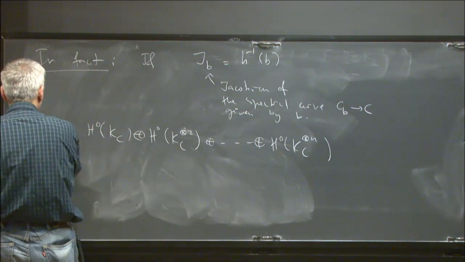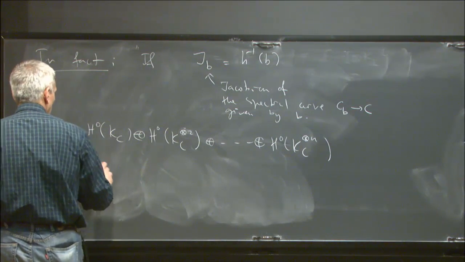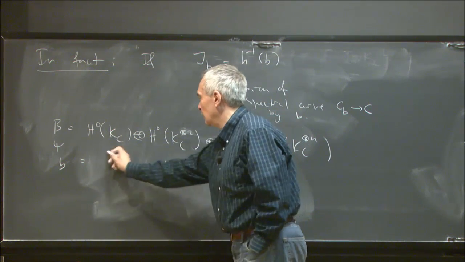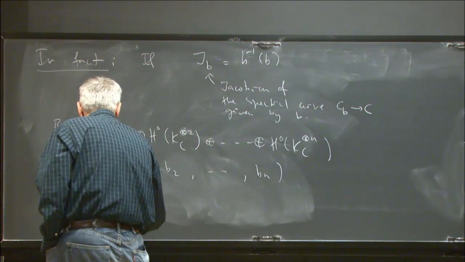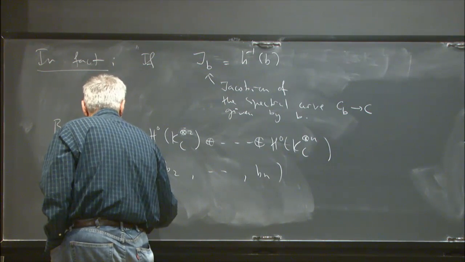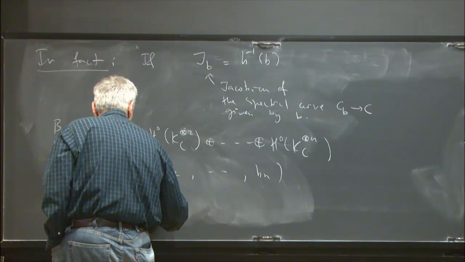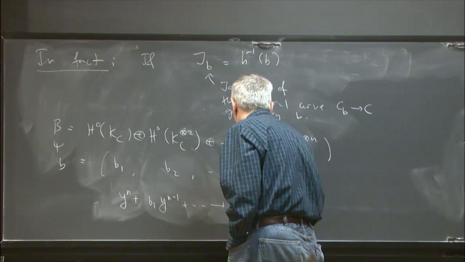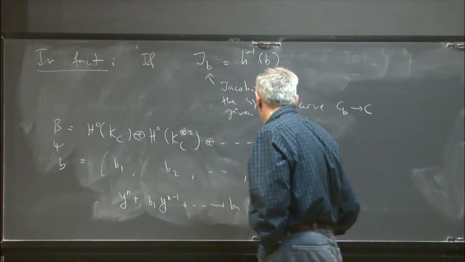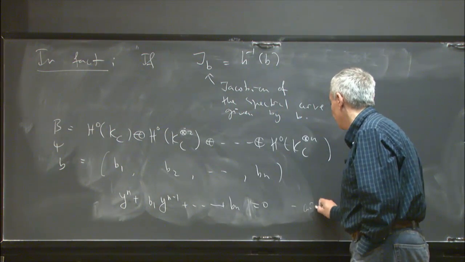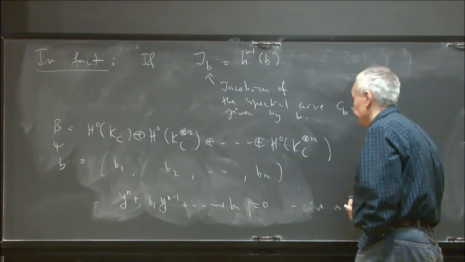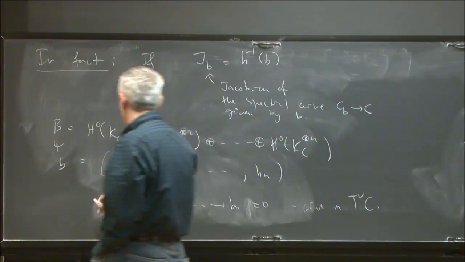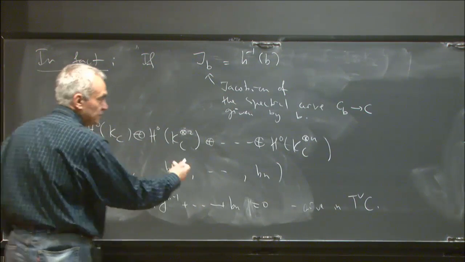And so if you have a point B here, it has B1, B2, ..., Bn coordinates, and then you get the spectral curve, which is y^n + B1 y^(n-1) + ... + Bn times nothing equals 0. So this is a curve in the total space of the cotangent bundle of C. So this is this C_B, and J_B is its Jacobian.